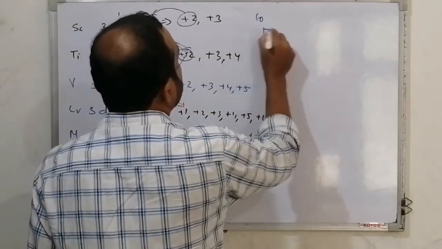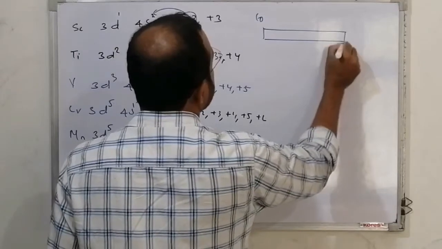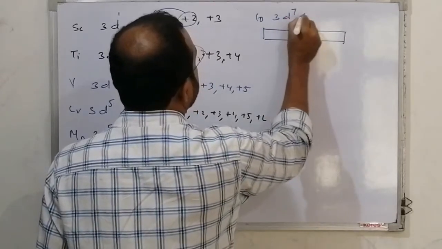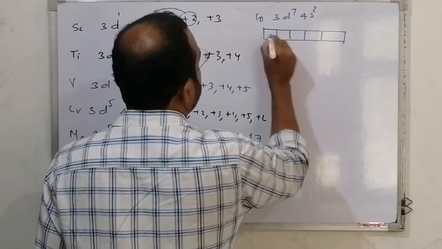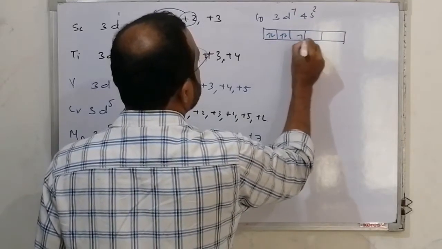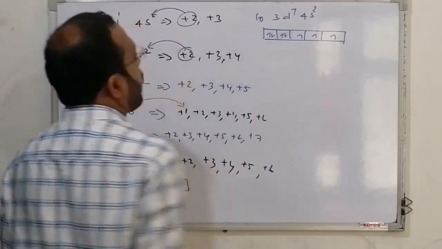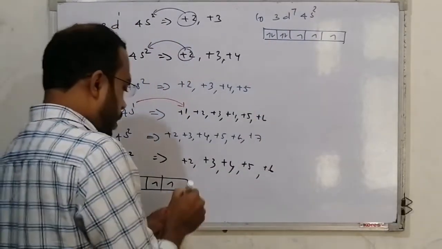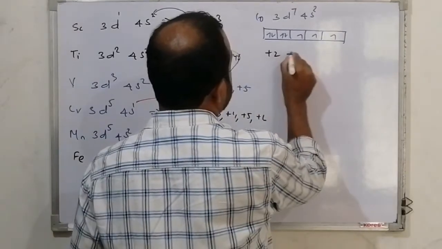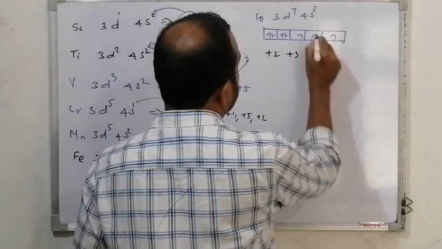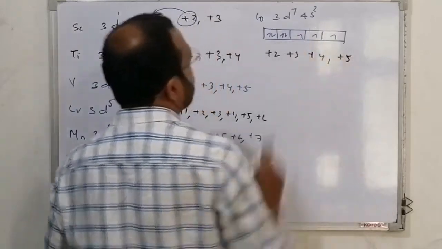Now cobalt, we have 3d7 4s2. We have +2, +3 because of this, +4 because of this, +5 because of this.